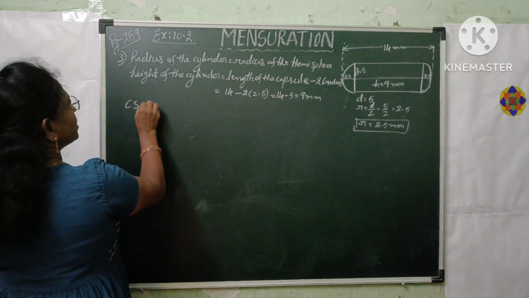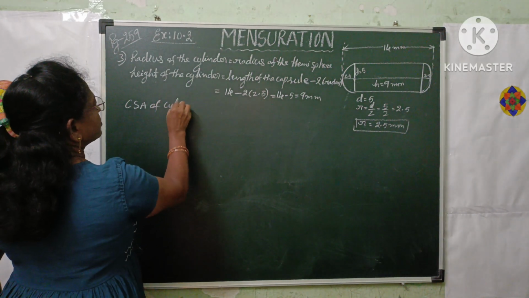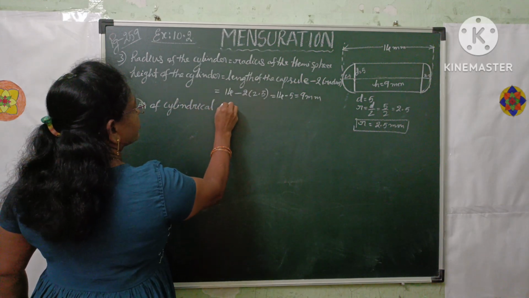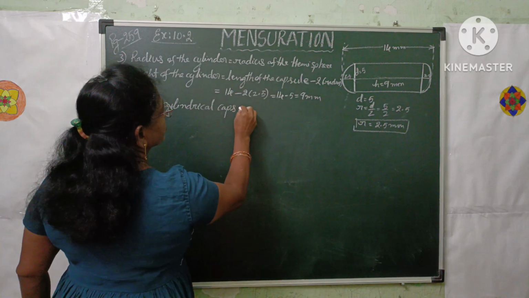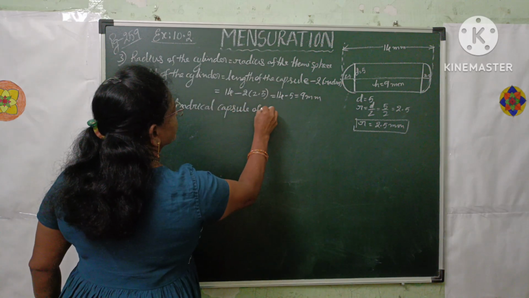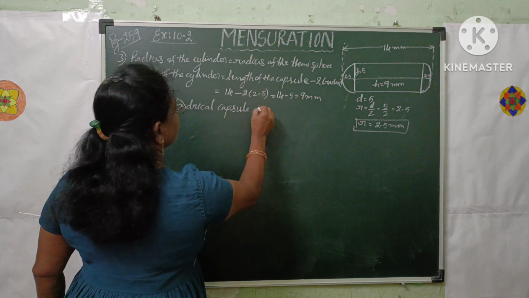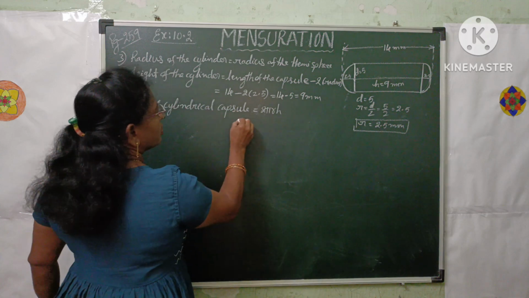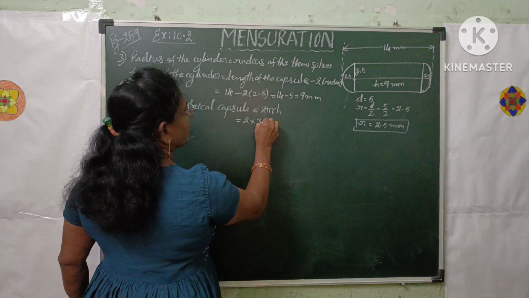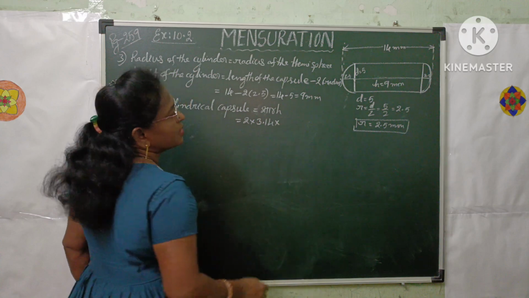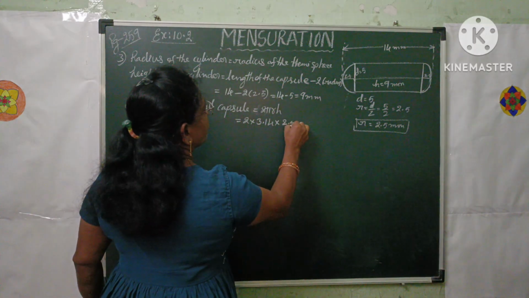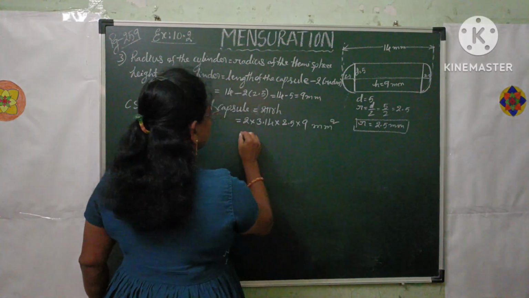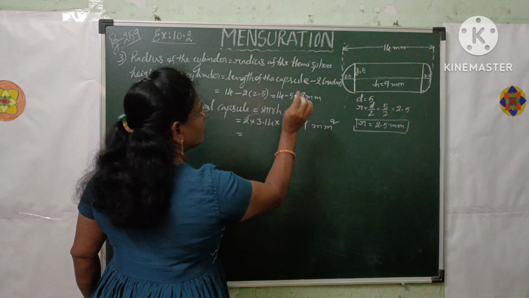Now CSA of a cylindrical capsule equal to 2 pi r h, that is equal to 2 into pi value 3.14 into radius, the same radius 2.5 mm, into height 9 millimeter square units. That is equal to 2 nines are 18.